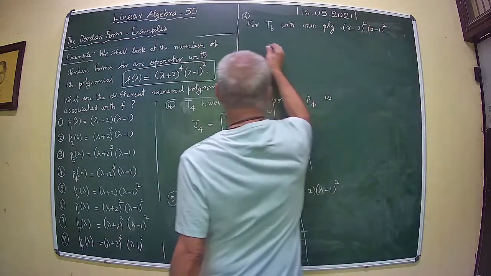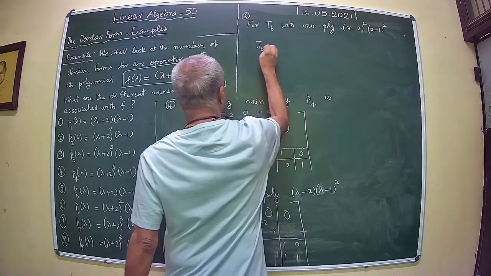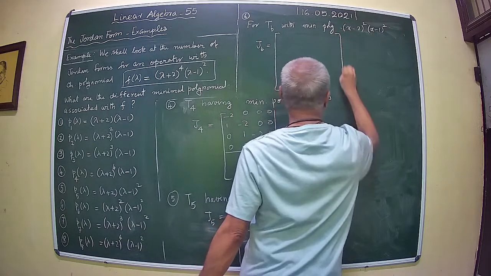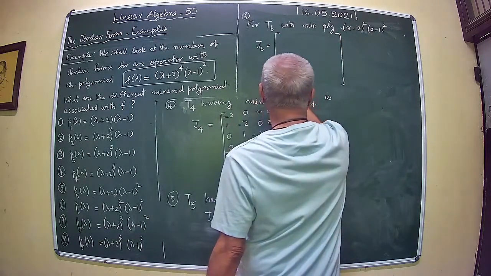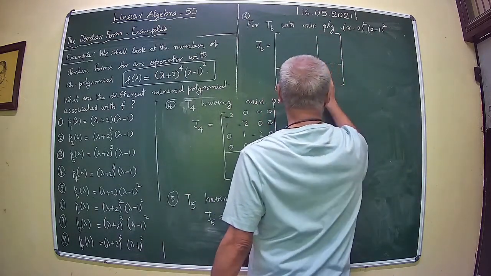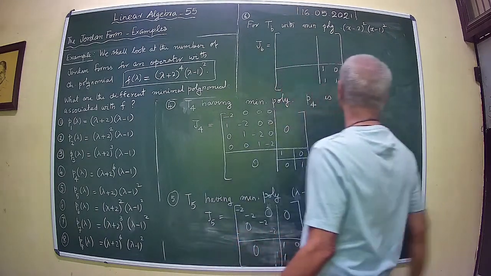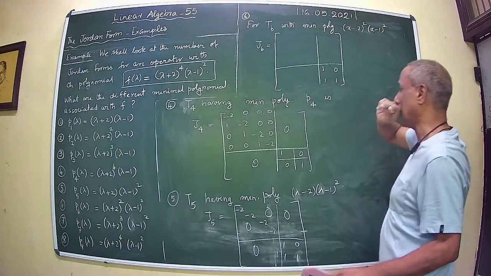One is J6 given by, as we have seen earlier, 0. This is corresponding to this part.